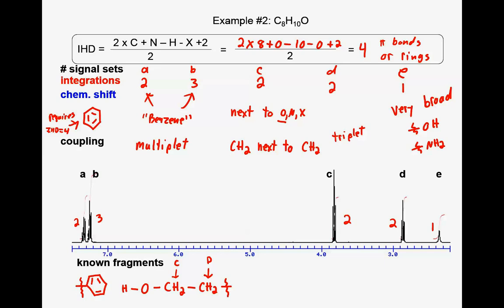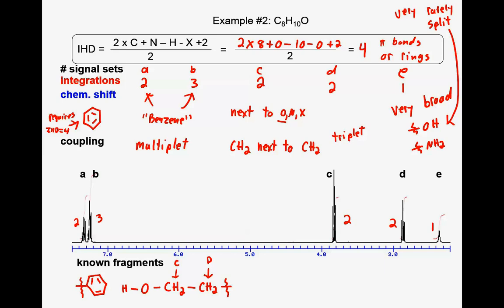So wouldn't that change the neighboring hydrogens for the CH2? That's a good point. Another thing we should talk about when we talk about OHs and NH2s, these protons here are very rarely split. These are almost always going to show up as a singlet, and furthermore, they're going to do a very, very bad job at splitting.